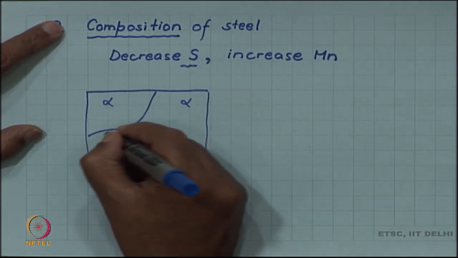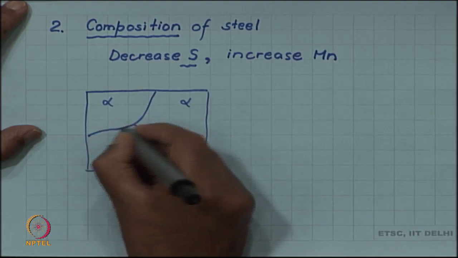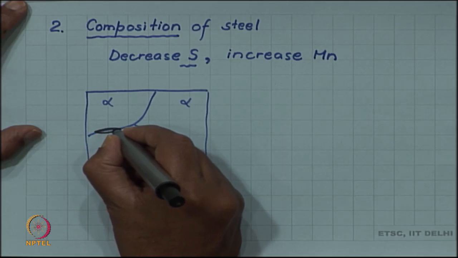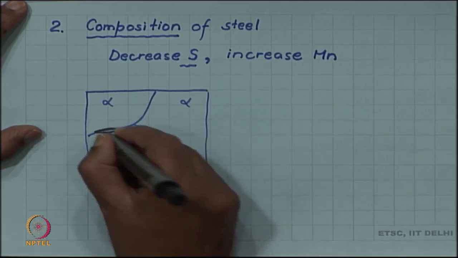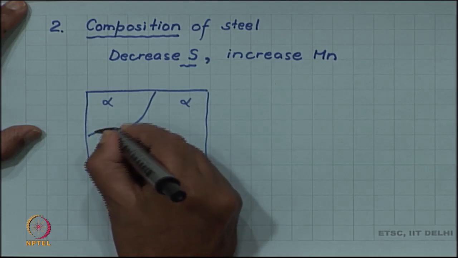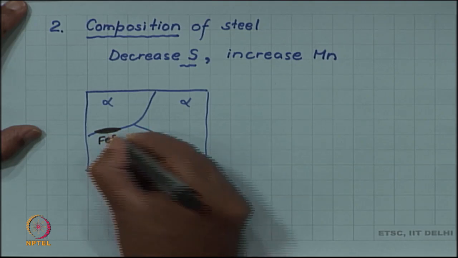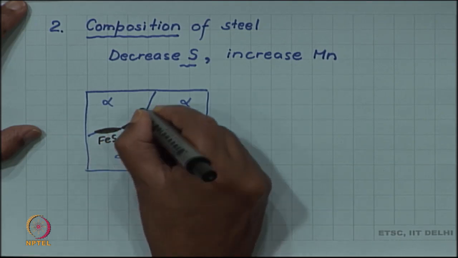Sulfur diffuses to the grain boundary and tends to segregate there, and if its concentration is enriched sufficiently, by reacting with iron, it forms particles of iron sulfide. These particles are hard and brittle.